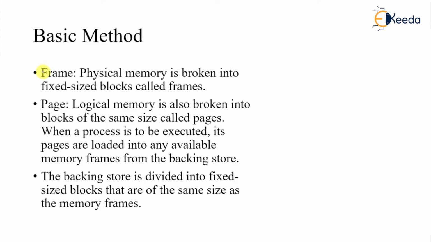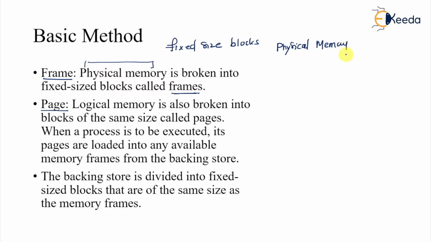Now here we have a few new terms. The new term is frame, and the new term is page, and these are related to the previous explanation that we are dividing into fixed size blocks. First, physical memory is broken down into fixed size blocks, and that fixed size block of physical memory is called a frame. Logical memory, the address generated by the CPU or the compiler, is also broken down into blocks of the same size called pages.